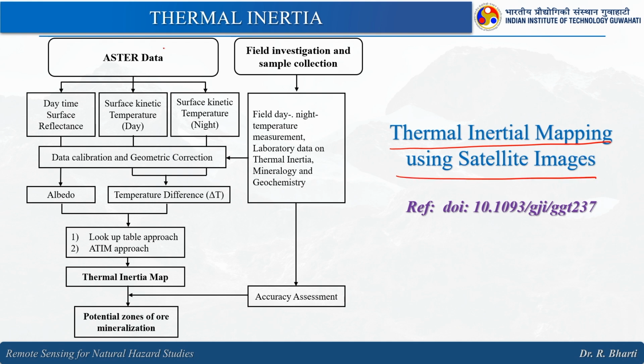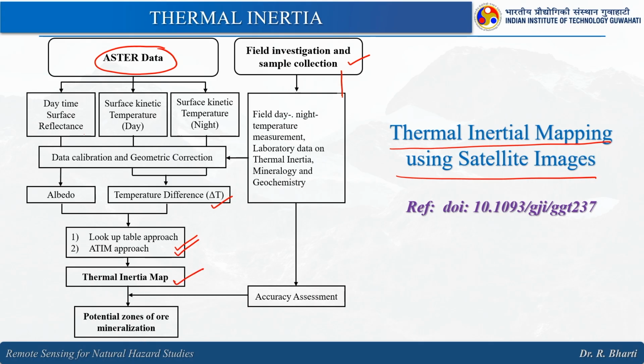So, this particular paper has used the ASTER data, field investigation and samples were collected, and the ASTER data were used to identify the delta T. This is the temperature difference, and there are two different approaches, lookup table and ATIM approach, and then we derived the thermal inertia map.